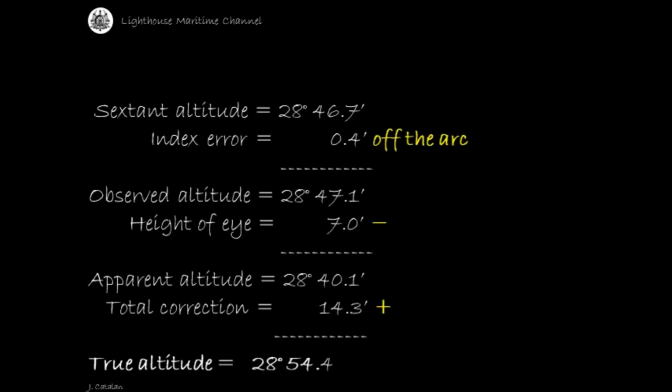The result is the apparent altitude, which is equal to 28 degrees 40.1 minutes. Added by the total correction, which is equal to 14.3 minutes. The result is the true altitude, which is equal to 28 degrees 54.4 minutes.